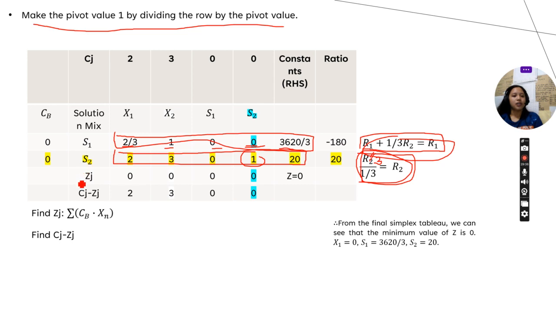So the next step is to find the Zj. So Cb times xn, where n is any constant or number. So 0 times 1 plus 0 times 3 is 0. Since our Cb now is already 0, the Zj is already 0.